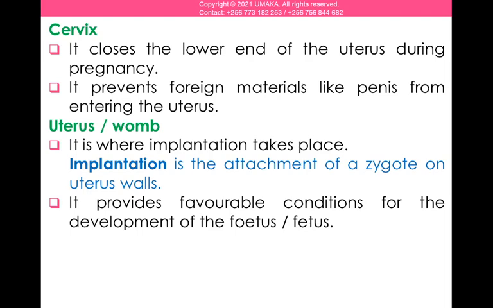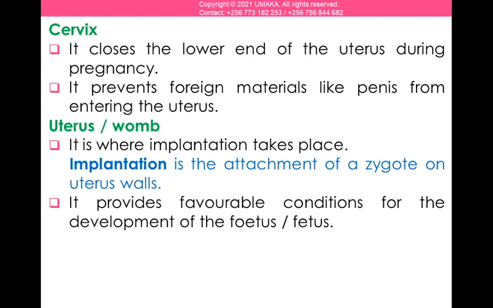Of the fetus. Dear children, who remembers the difference between a zygote and a fetus? We said a zygote is a fertilized ovum. Or you can say zygote is a result got after fertilization. Okay? Then I told you that when that zygote reaches 8 weeks, those are 2 months, it is no longer called a zygote.